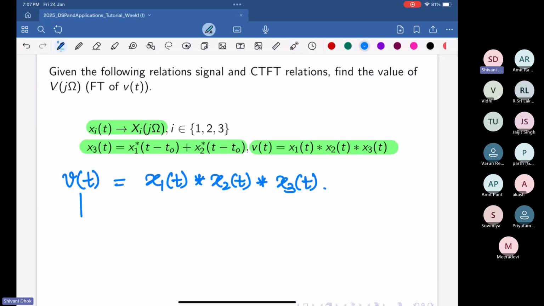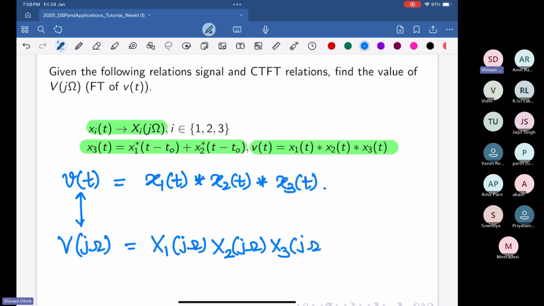If I take the Fourier transform of v of t, it is given by V of j omega, which comes out to be equal to, since here we have convolution in time, that will translate to multiplication in frequency domain. So this will be X1 of j omega multiplied by X2 of j omega multiplied by X3 of j omega. This is coming from the time convolution property.